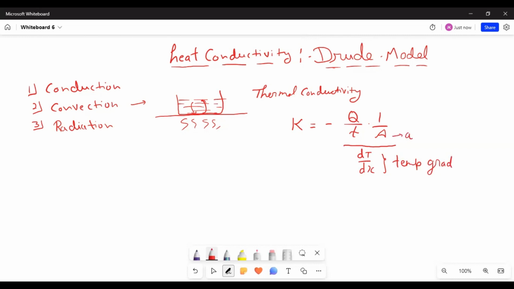Of course, area, time, and this is heat. This is how we define it.